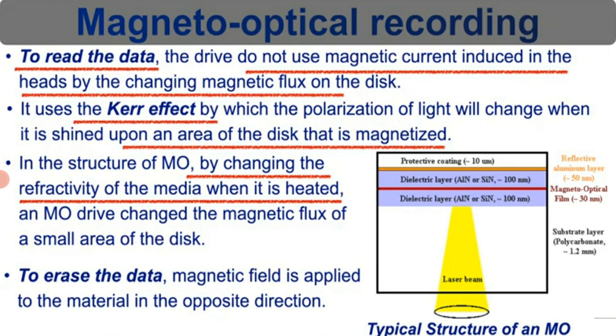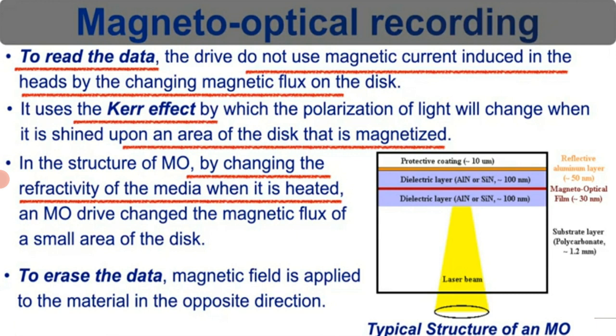To read the data, the drive does not use the current induced in the heads by the changing magnetic flux on the disk. It uses the Kerr effect, by which the polarization of light will change when it is shined upon an area of the disk that is magnetized.